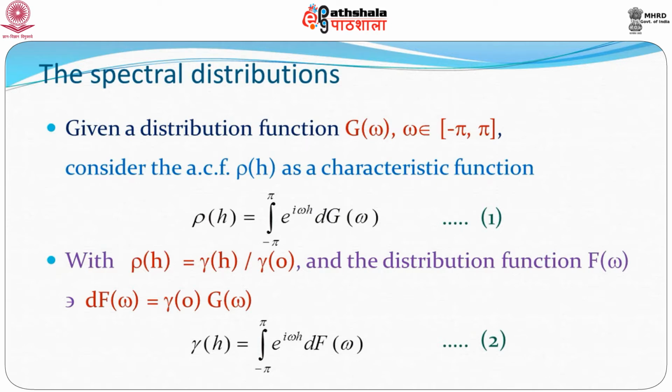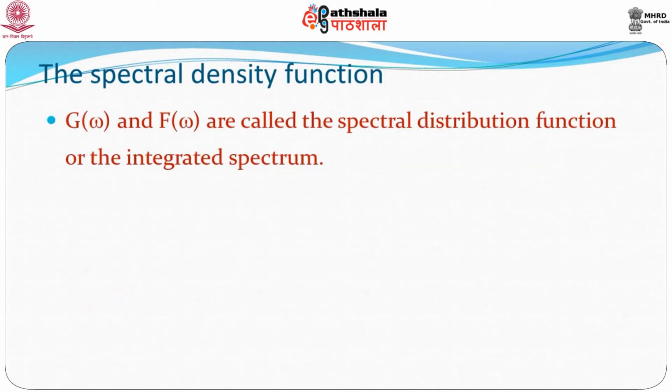So, you can write either in terms of rho(h) or in terms of gamma(h). Rho(h) relates to g(omega) and gamma(h) relates to F(omega). G(omega) and F(omega) are generally called the spectral distribution function or sometimes the integrated spectrum. So, we call them synonymously depending on whichever of the two functions we are looking at.